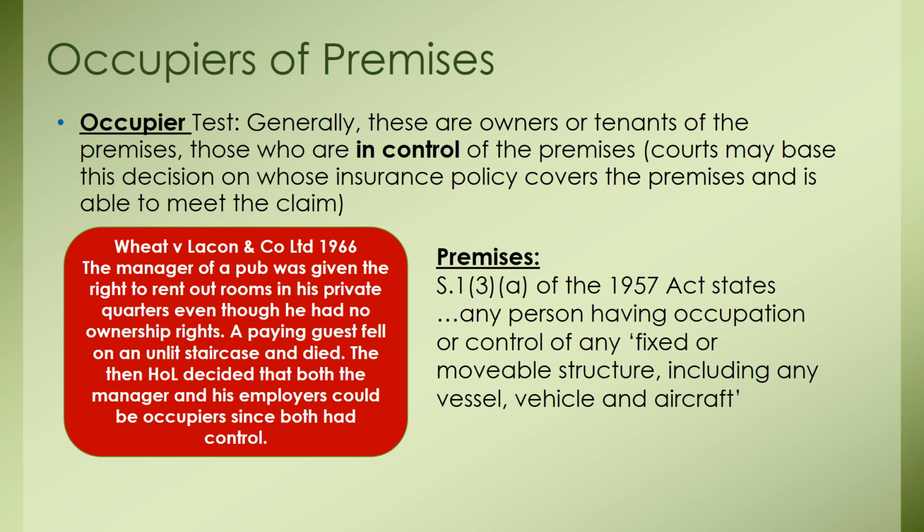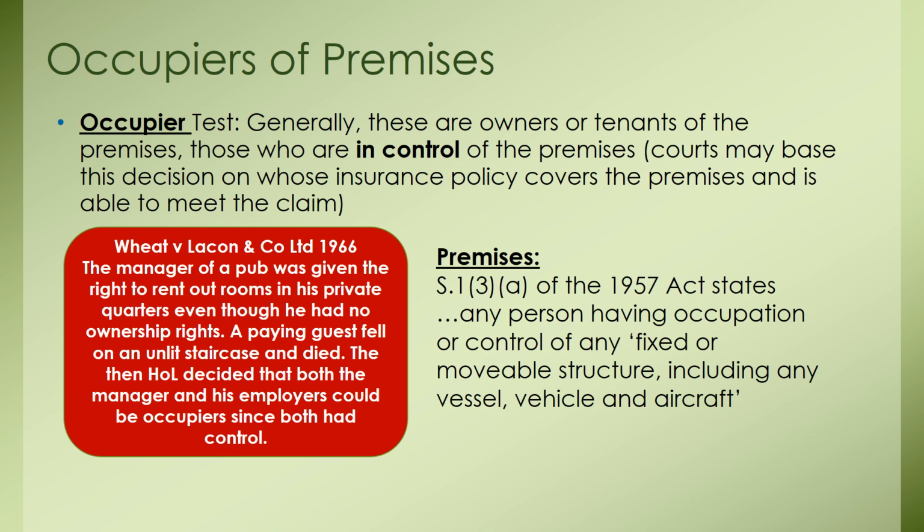Now, if you look in your textbooks, you'll see there's a bit more information about premises. Typically it's going to include structures like houses, offices, buildings, land, ships, vehicles, maybe even smaller premises like lifts, if there's a specific lift in control.